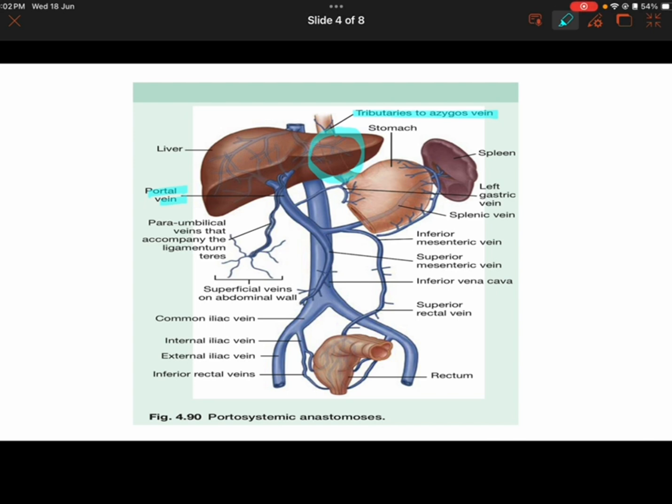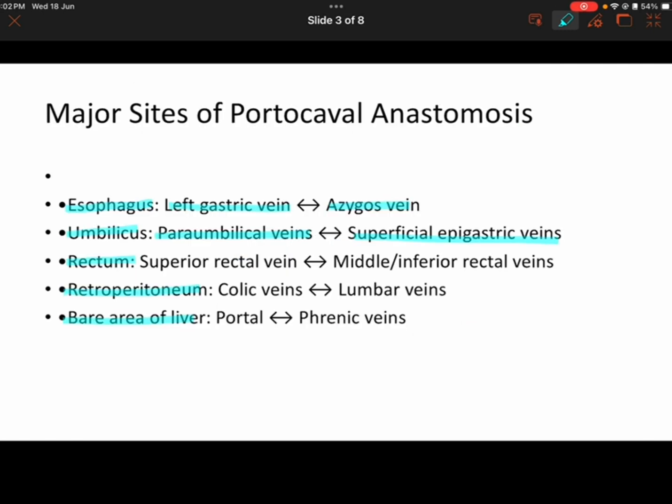Then at the rectum, the superior rectal vein forms the systemic part, and inferior rectal and middle rectal veins form the portal part. Also superficial veins on abdominal wall near the umbilicus, paraumbilical vein accompany the ligamentum teres. So these are some major sites where the portocaval anastomosis are seen.